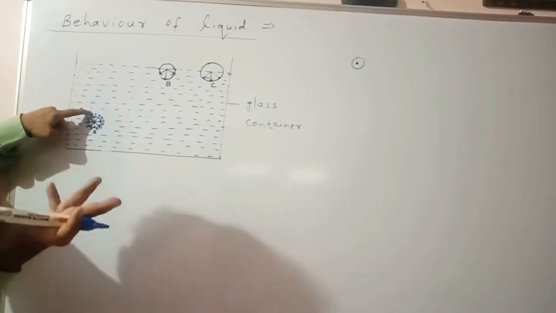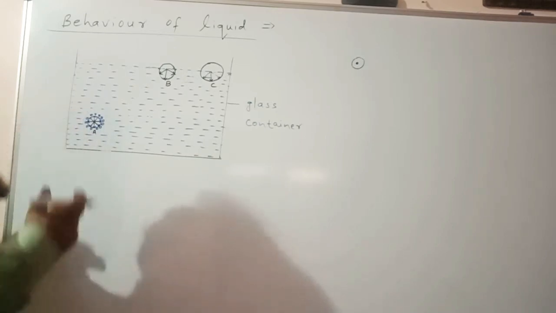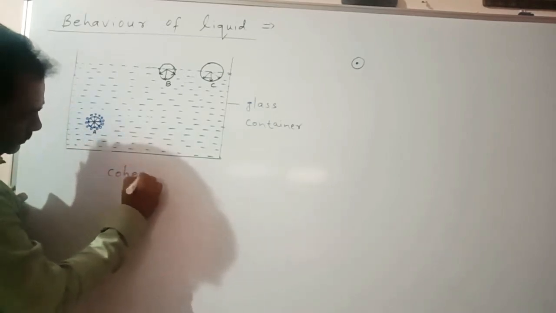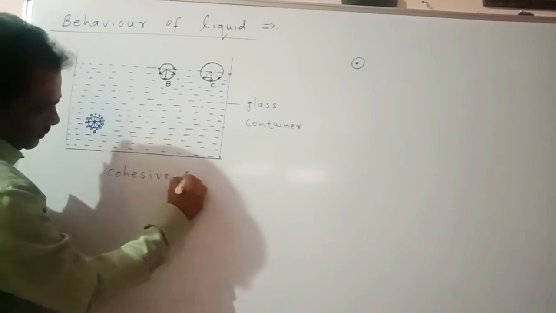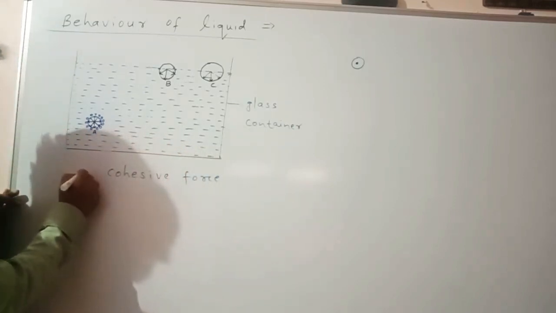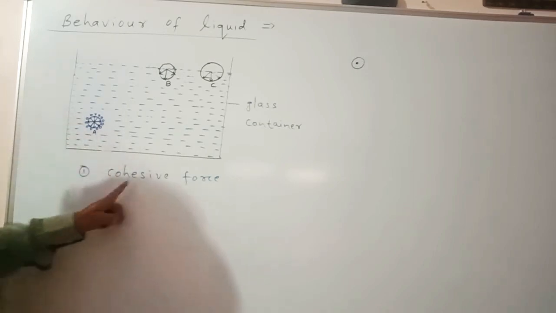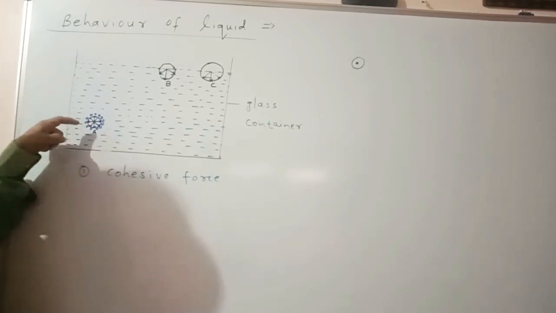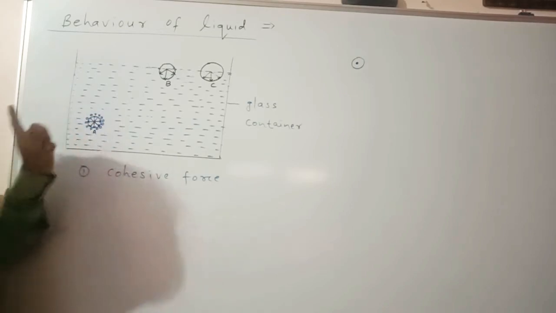What is the name of that force? It is cohesive force. So cohesive force is present between molecule A and the molecules around it.